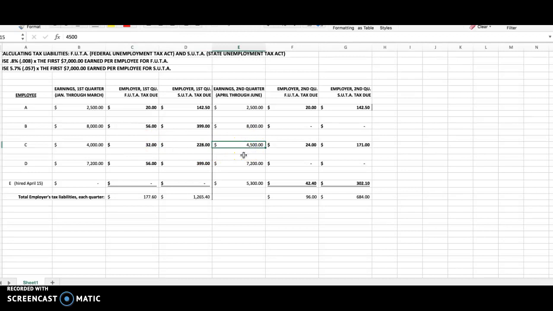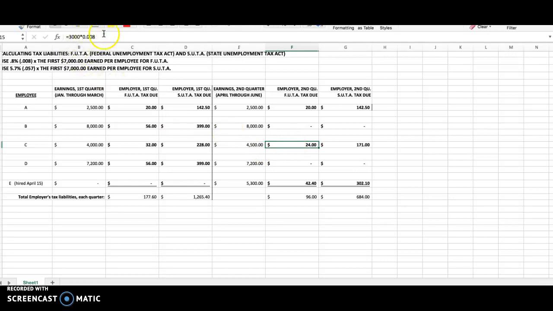So the difference between the total amount that the employee earned, which is $8,500, and $7,000, is going to be $3,000. So we need to get only to $7,000. We've paid based on $4,000 during the first quarter, and we use only the amount that we need to get to $7,000, which is $3,000.